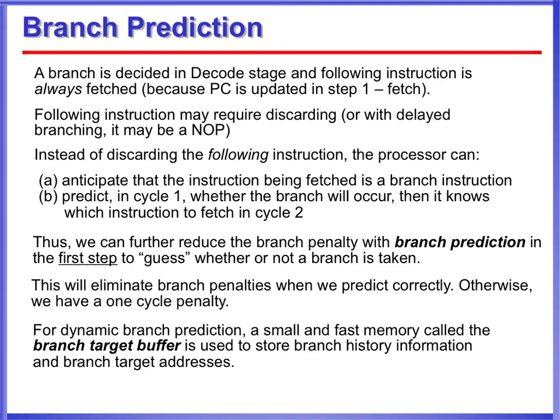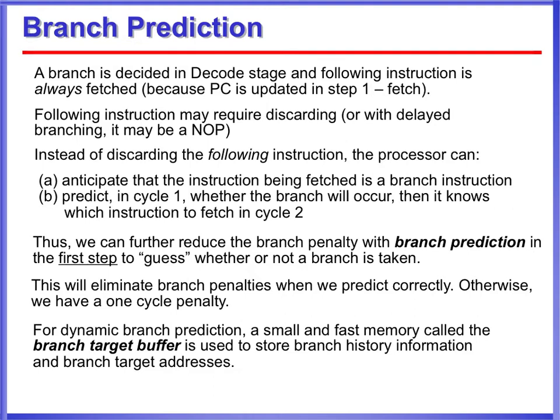So again, it's the same strategy. They're pushing things earlier. Instead of waiting until step two to decode and figure out this is a branch instruction, we're going to do it in step one. If it worked going from 3 to 2, let's do it from 2 to 1 and get rid of the branch delay entirely.